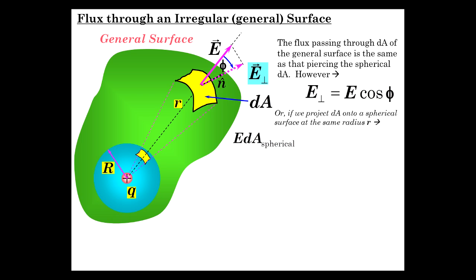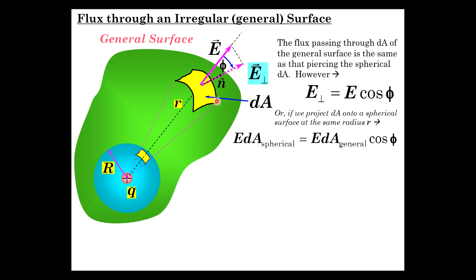Now, here's the connection between these. This flux through dA, if we project that out here to this generalized dA, if we had a spherical surface here, then the E dA, the flux through the spherical surface, would also be equal to the flux, the E times the area, through the general surface.